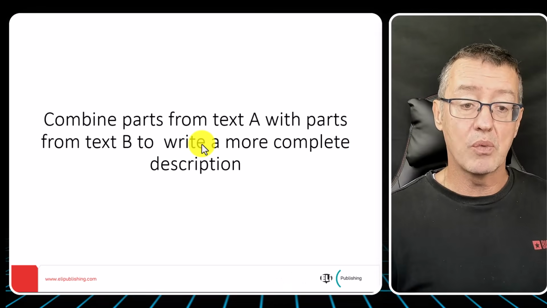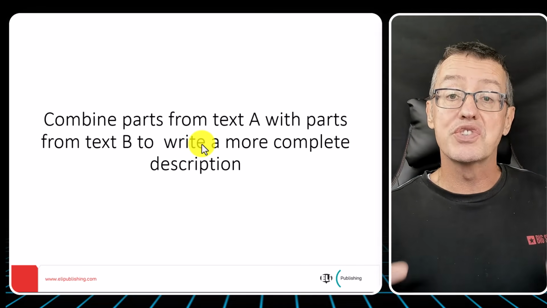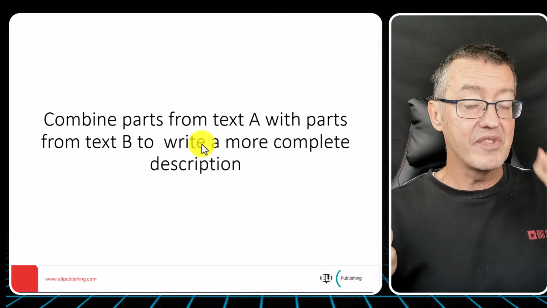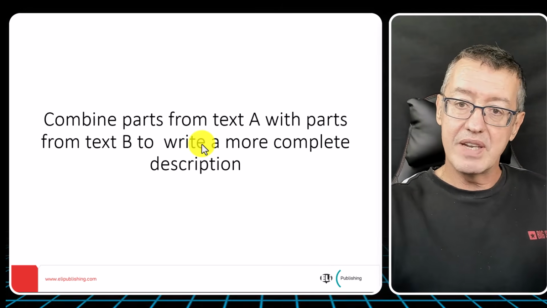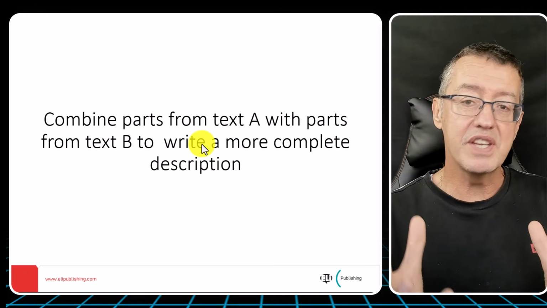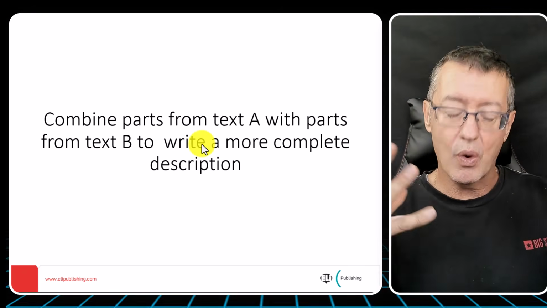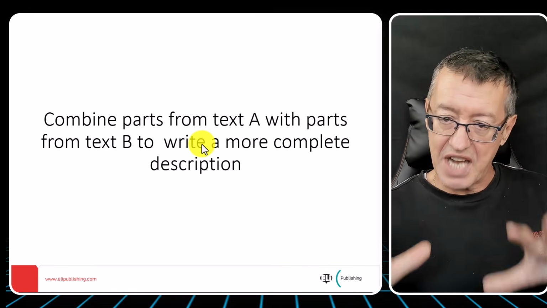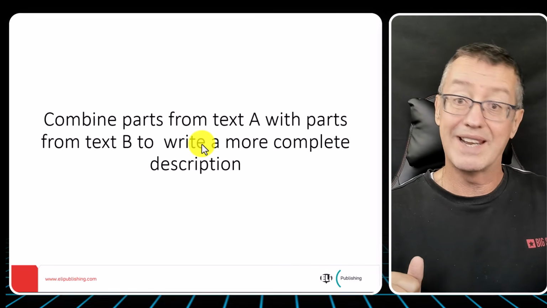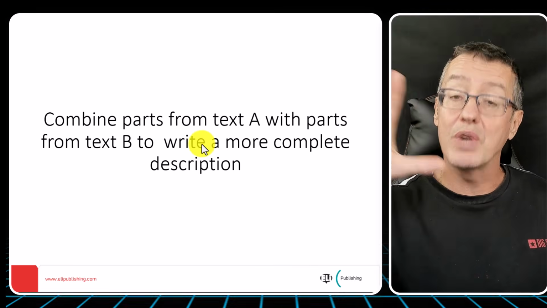But another thing that would be interesting is to tell students, okay, you've got the two texts. Take some of the information from A and some of the information from B and write your own description. So this is really powerful because it's first of all helping them to understand that when we look at pictures, we not only describe them in terms of what we can see, but we also interpret them.